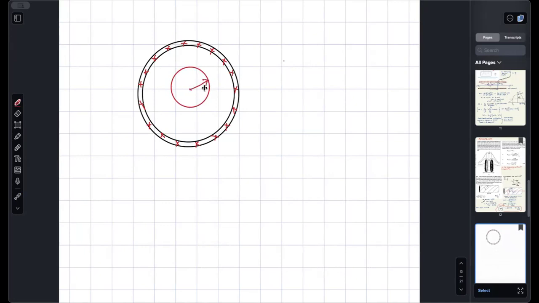Some r distance. Is this loop enclosing any current? So at any point inside, B is equal to 0 due to J sin theta component.